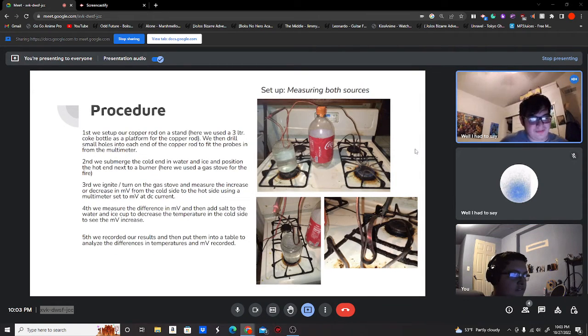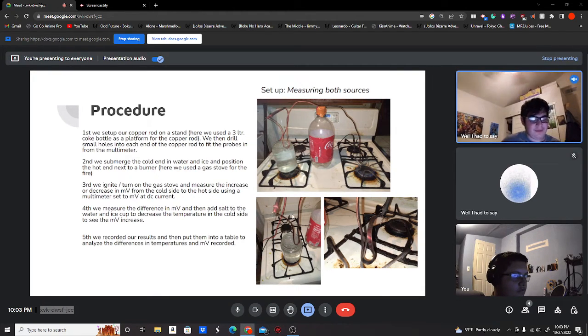Okay, so first, we set up our stand, and we put our copper rod through our Coke bottle. We tipped it down, and for our second step, we tied one end to our burner, as that will be our hot side, and then we submerged the other end, our cold side, in water and ice.